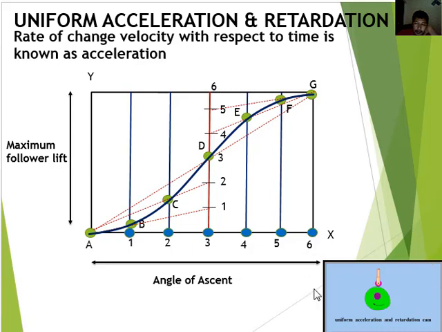This is the sample for a uniform acceleration and retardation cam. You can look at the illustration below. This is the cam and this is the follower. For this area, if we have rotation clockwise, this area we can say is the acceleration.